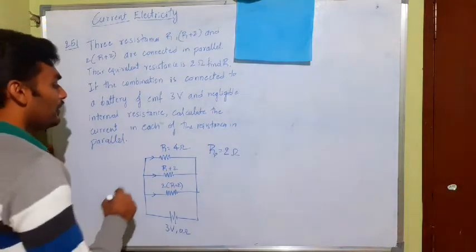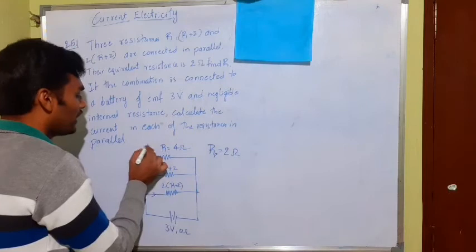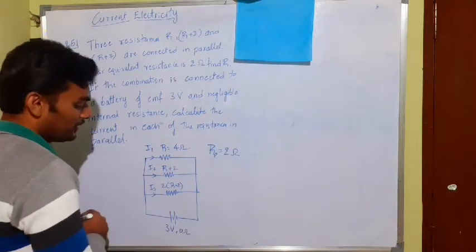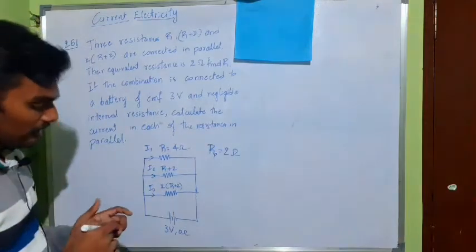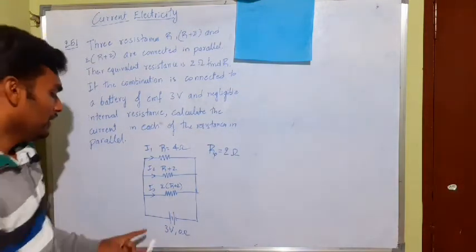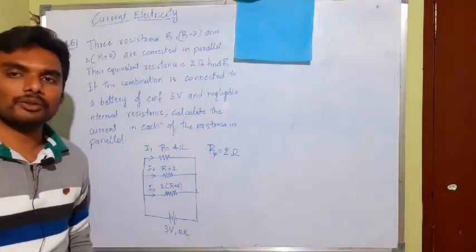Let me name the current through this branch as I1, this as I2, and this as I3. Now again, this is the basic about the battery. You have 3 volt EMF given and the internal resistance is 0 ohm.